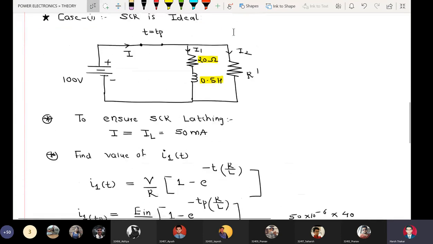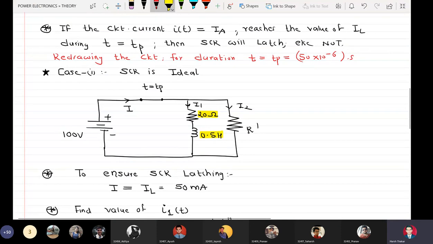So the value of I1 has reached 10 milliamperes during the firing pulse duration of 50 microseconds.